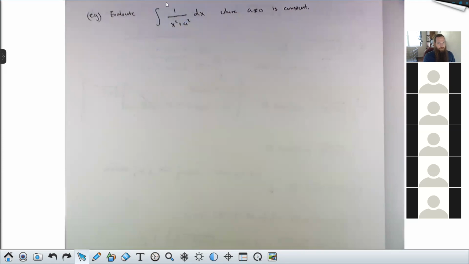If a is 1, then this is 1 over x squared plus 1. We should remember that at least. What's the integral of 1 over x squared plus 1? One of our basic integrals. It's the inverse tangent function.